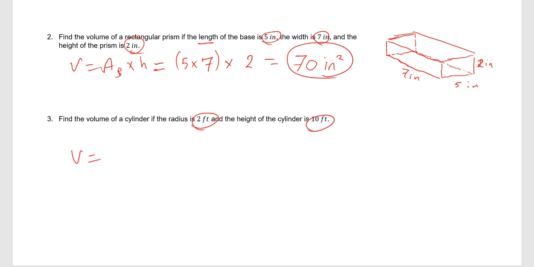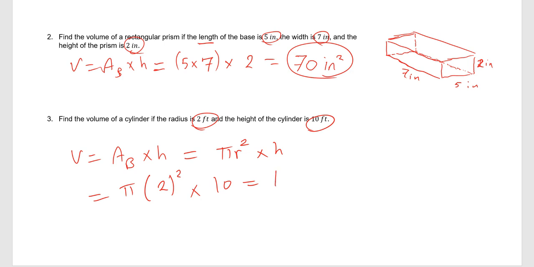So the volume again is area of the base times the height, which is equal to pi r squared times h, which is equal to pi times 2 feet squared times 10 feet. So 4 pi times 10 is 125.7 cubic feet.